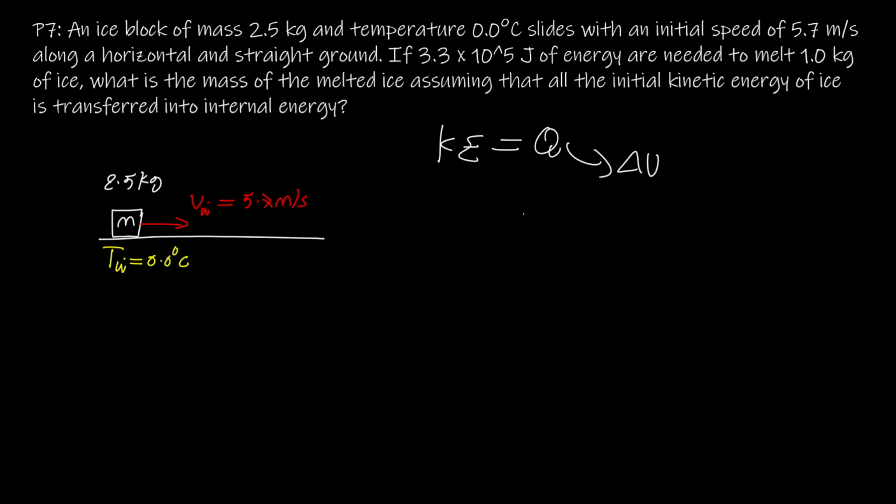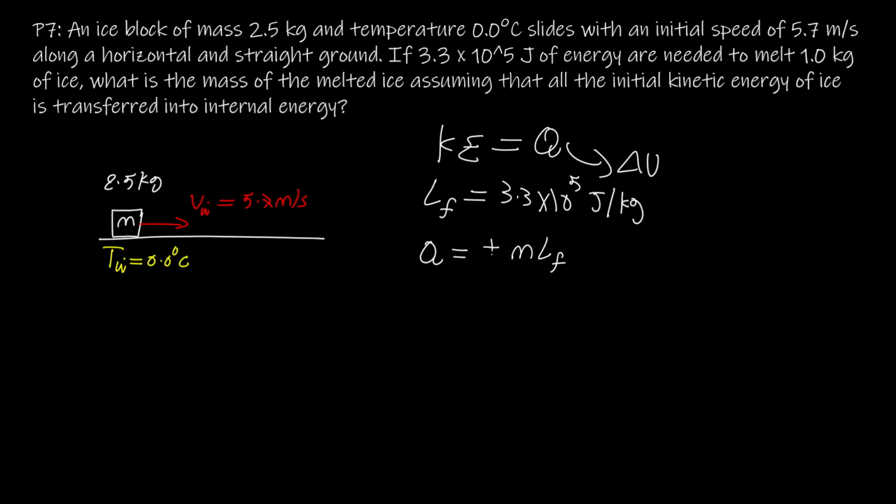Now, indirectly, we are given the latent heat of fusion, LF. In that case, it is 3.3 times 10 to the power of 5 joules per kilogram. So what I did was this. We know the latent heat of fusion equation is Q equals plus or minus m LF. Since we are melting, we are interested to find the amount of melted ice. We omit the negative sign.